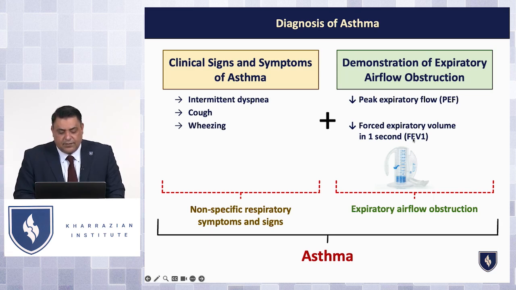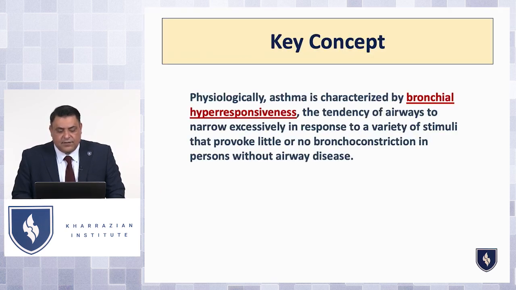We'll go over that in a second if you're not familiar with it. And decreased forced expiratory volume in 1 second, or reduced FEV1. So the combination of both of these is necessary for asthma. And another major clue is that there's some trigger that sometimes will cause these asthma attacks. Most of the time it's obvious, but not always.